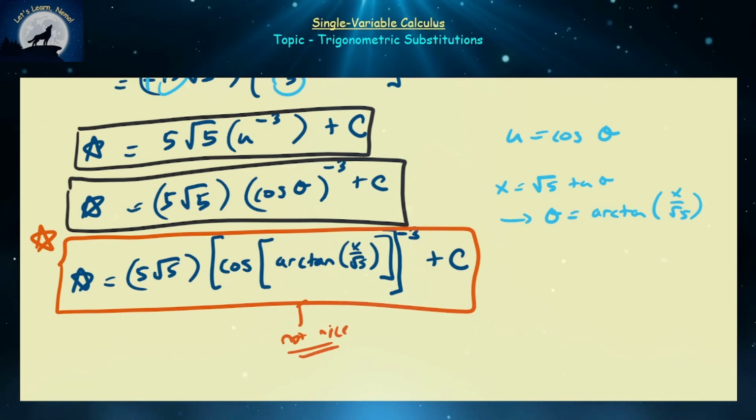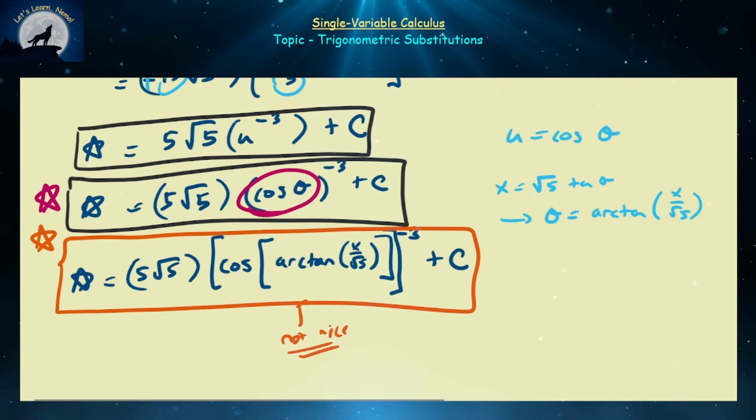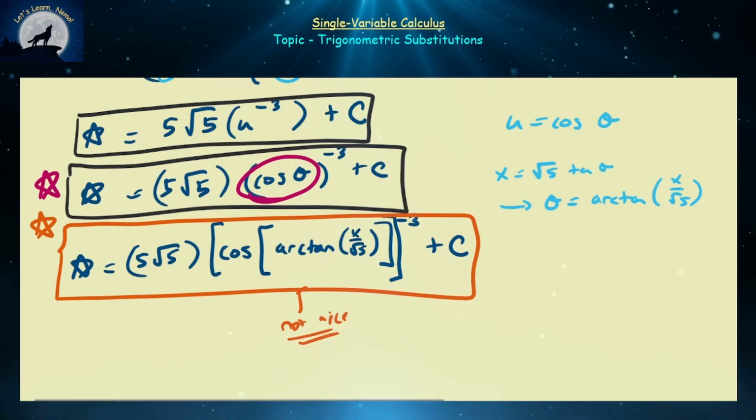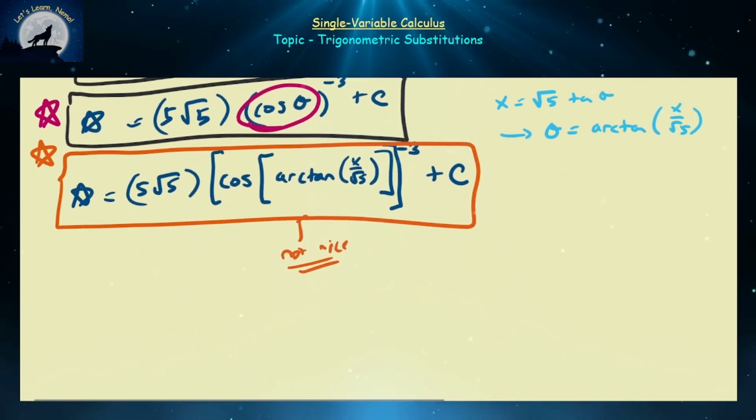And the answer is yes. And the trick to do that actually comes from the integral that came immediately before it, the one that has the cosine of theta inside of that representation. So let's think about what's going on with this cosine of theta representation, just for a quick moment.